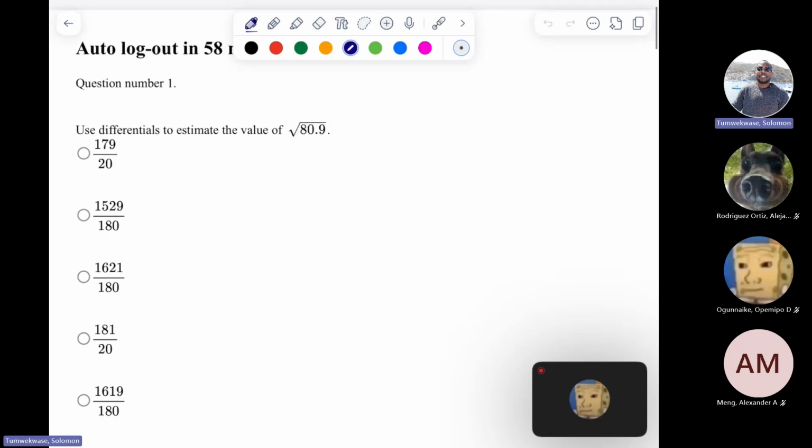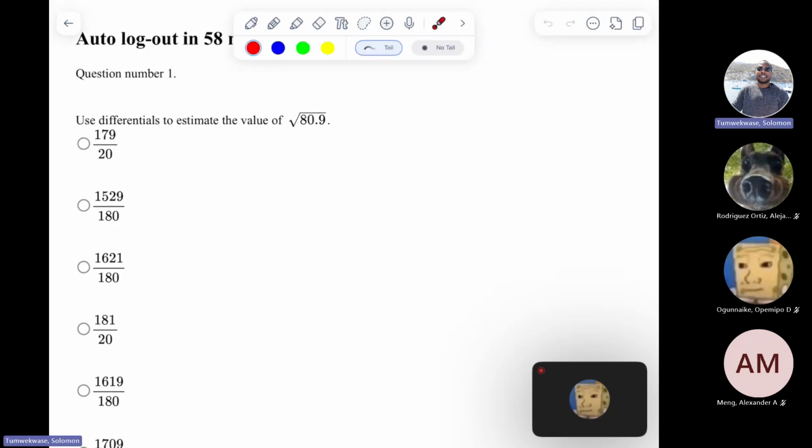So yeah, when we use differentials, what we want to do is approximate a certain value, right? And so what you do is, if for example we are asked for the square root of a certain number, then this number doesn't have a perfect square root that we know. So we want a number that is closest to this number that you're given and can be evaluated so easily. So it can be a square root, a cube root, a natural log, anything really.